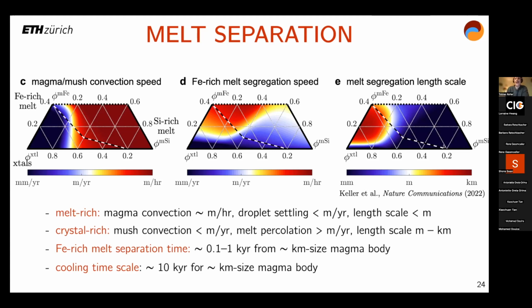What we find going along this dashed path from basically 20% crystallinity, where the melt unmixing sets in in experiments, to 50% crystallinity and about 10% melt fraction, and possibly 10% iron-rich melt fraction, and possibly more enrichment of the iron-rich melt towards the base of the magma chamber as it is continuously settling, is first a system that is convecting with speeds of about 1 meter per hour, with droplets settling out at about 1 meter per year.